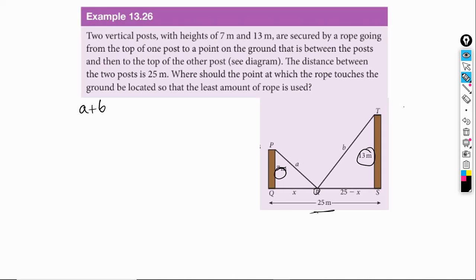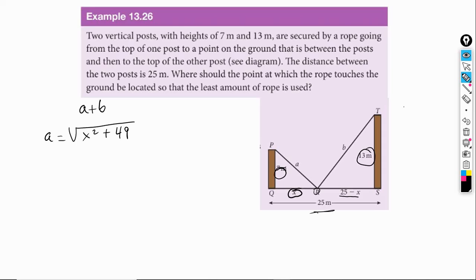But of course, we don't want it in terms of A plus B. We want it in terms of x. And we have all the information because if we call this x, then we can call this side 25 minus x. And we also have the heights. So with the Pythagorean theorem, we can easily find equations for A and B. Notice that A would simply equal the square root of x squared plus 7 squared, which would be 49.